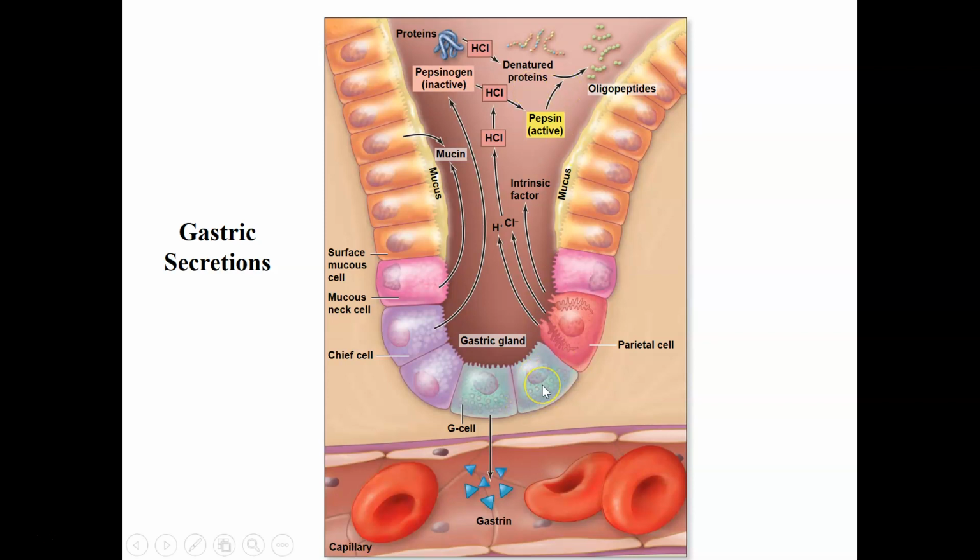The G cells, on the other hand, those are the endocrine cells that secrete gastrin, the hormone. That secretion goes in the other direction. So that goes into a blood vessel that's running through the lamina propria.